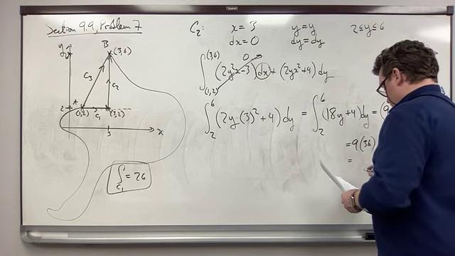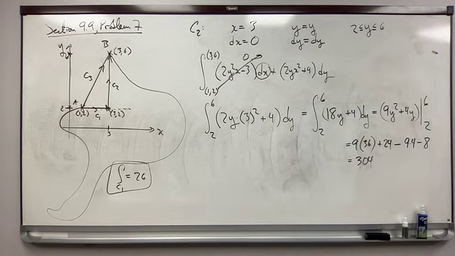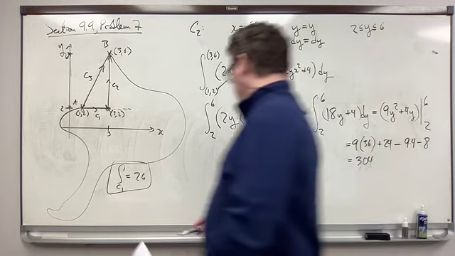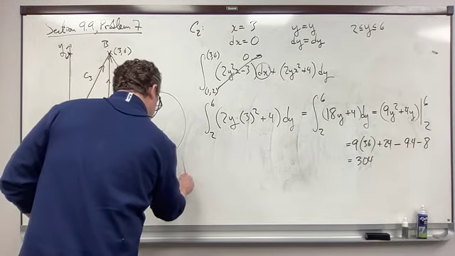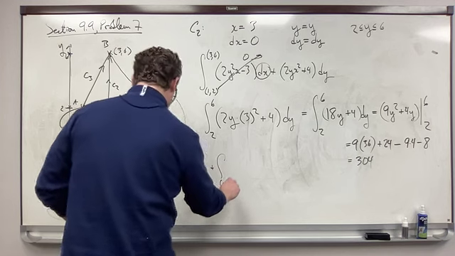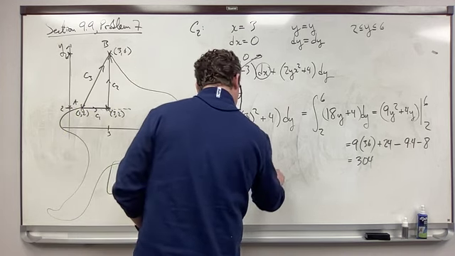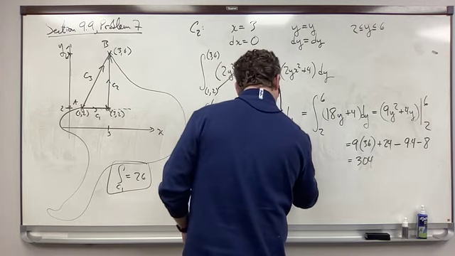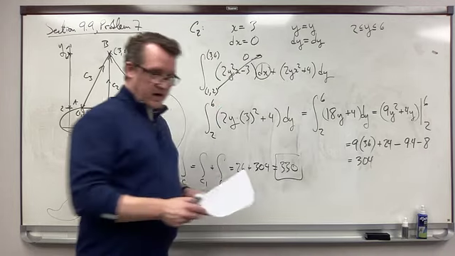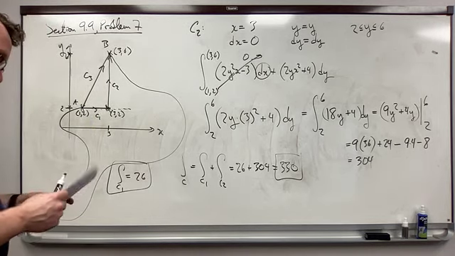And this thing equals 304. Okay, that's what C2 is. So now look, this integral over C, I wrote as C1 plus C2, which is 26 plus 304, which is 330, which is the same value we got, as we had to, using the potential method.